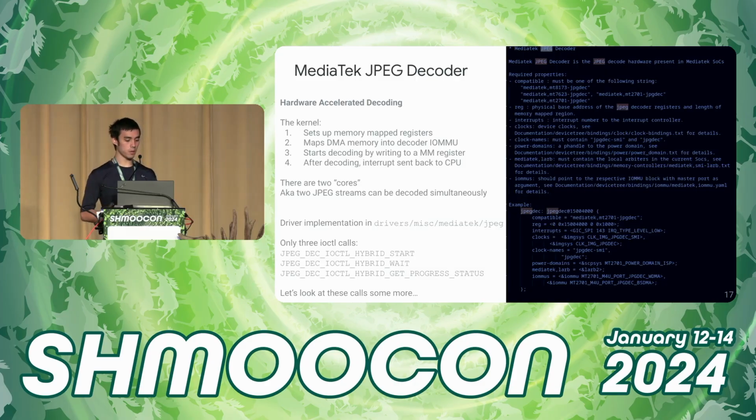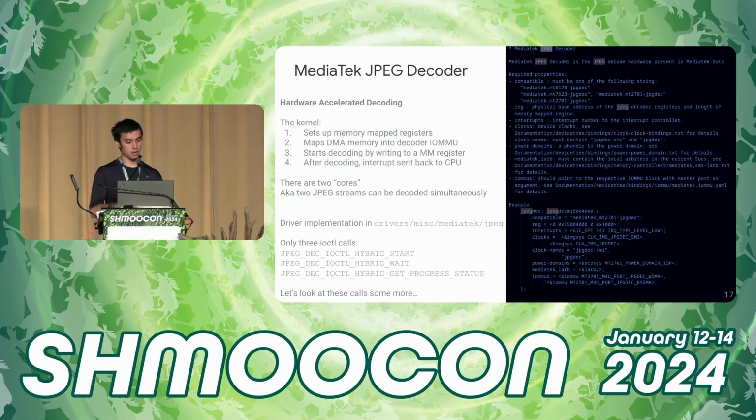I found the driver implementation. There's actually 2, but the one that I was most interested in, that backed this file, mtkJPEG, was present in drivers/misc/mediatek/jpeg. And inside of this, I only found 3 ioctl calls, so 3 really obvious ways to interact with the driver. That was the JPEG_DEC_IOCTL_HYBRID_START, the HYBRID_WAIT, and the HYBRID_GET_PROGRESS_STATUS ioctls.